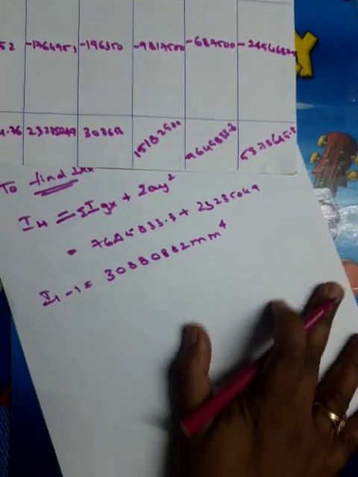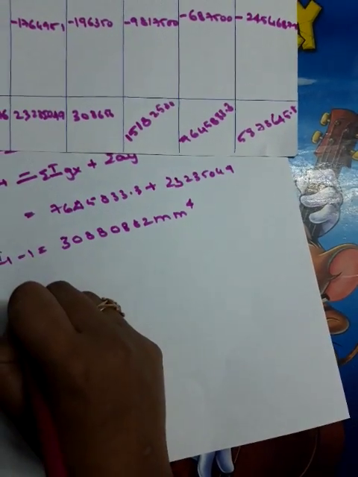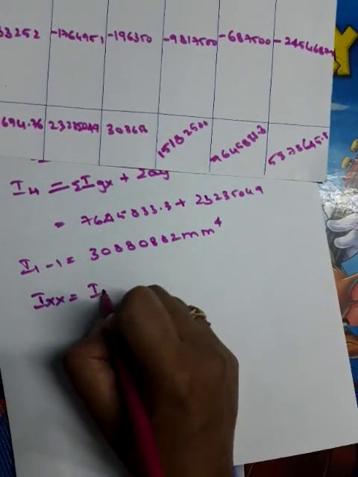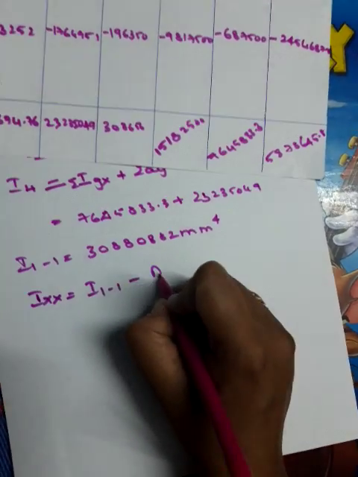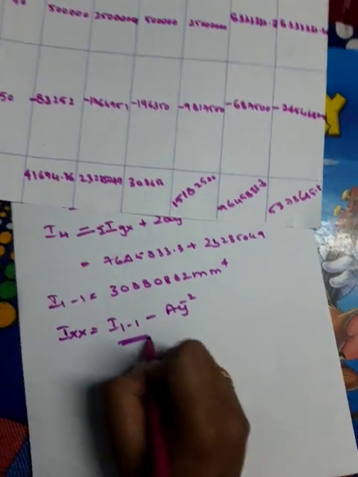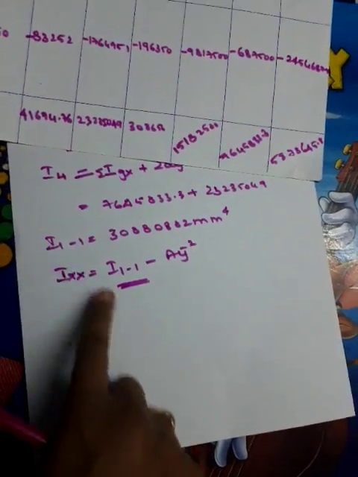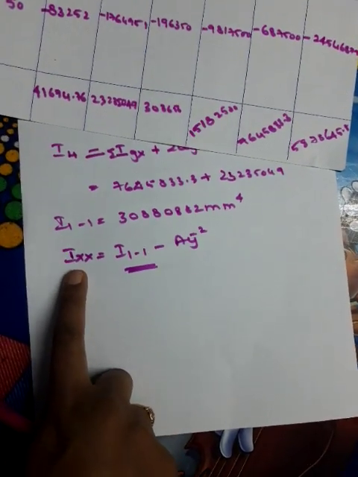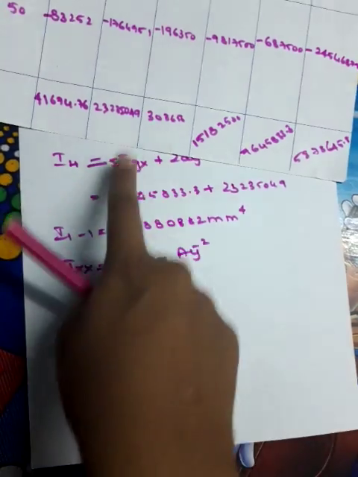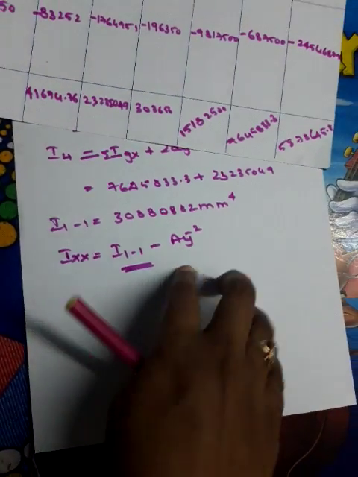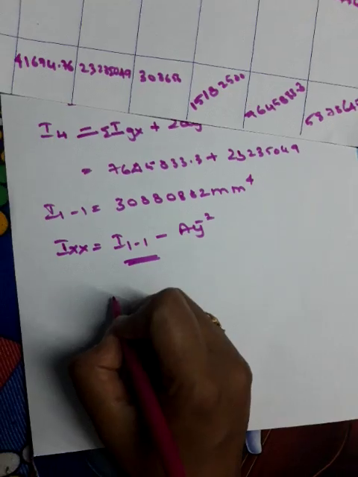Okay, now this I got. Now what is required? Ixx is required. Ixx is equal to I11 minus A into y bar square. This is also the parallel axis theorem only. But the only thing is, instead of summation of Igx, I have taken I11 and we are going to consider the whole area.